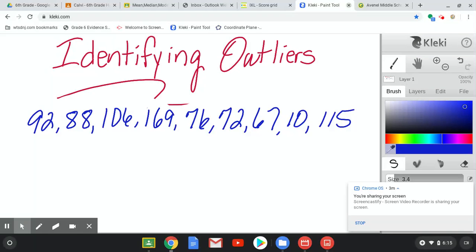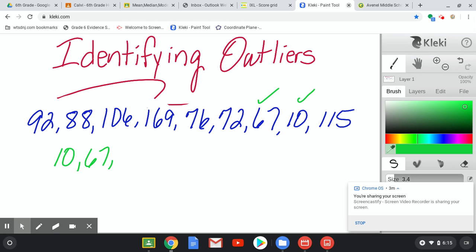First step is to put my numbers in order from least to greatest, so let's do that. It looks like my smallest number is 10. And my next smallest number is 67.